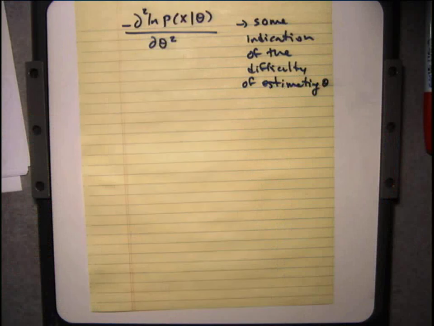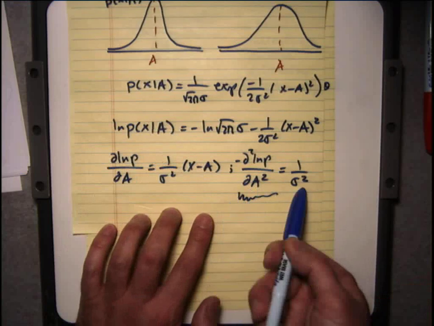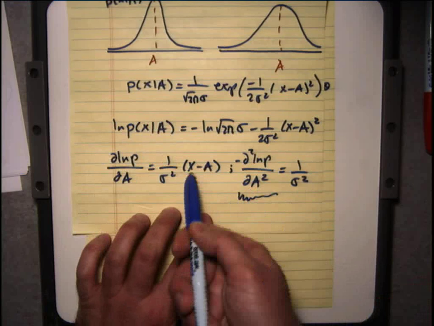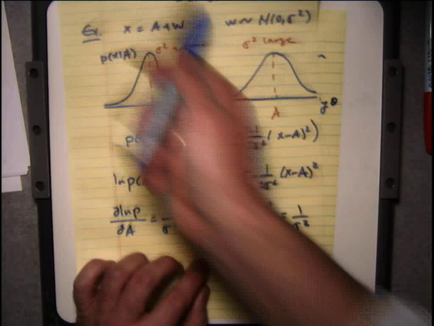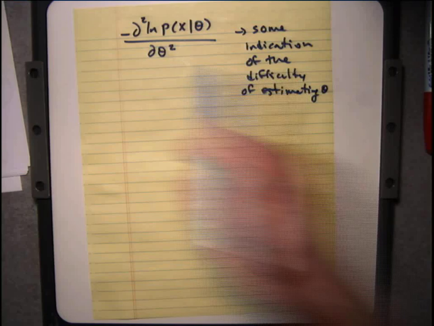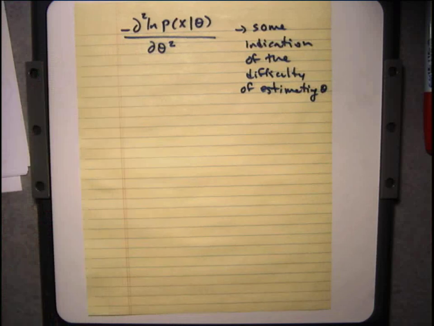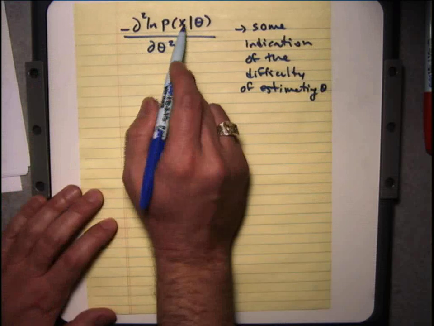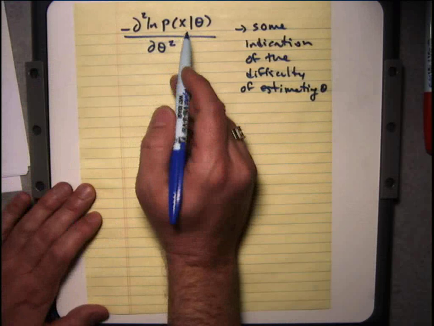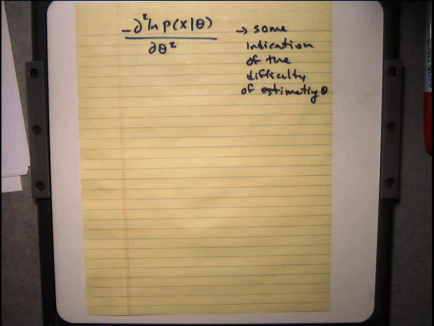Okay. Now there's one problem with using this. In this case here, you didn't see the problem because it was so simple. This quantity here did not depend on the data in this case. Right? Somehow the effect of x just went away when I took the second derivative because the model is so simple. In general, however, this quantity turns out to be a function of x. Okay? X doesn't drop out. So what's the natural thing to do? You don't want your performance measure to be a function of every single data point. What you want is some kind of average performance measure.